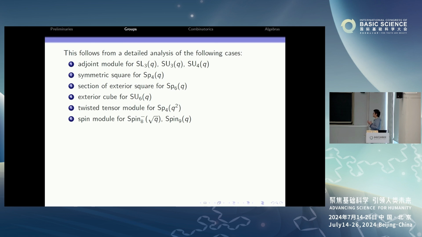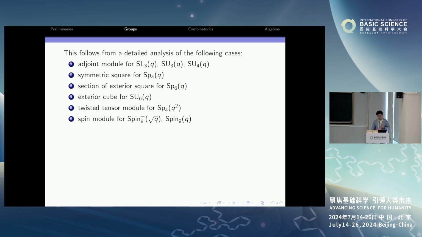Those cases where the parameter restriction is satisfied, you need to go over the list one by one, and you need to know the structure of the module, and work explicitly with the form, and show that either there are more than two orbits or there are exactly two orbits.